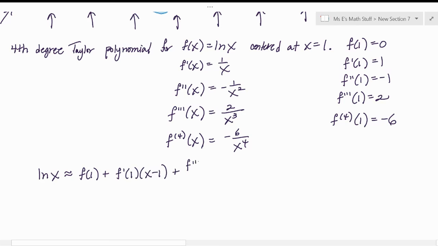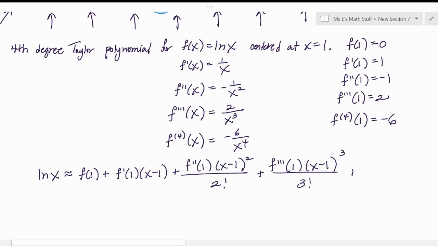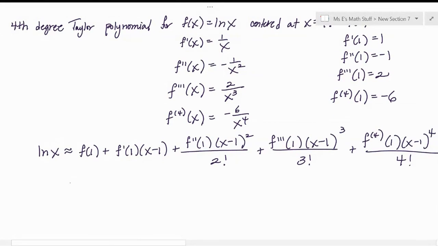Plus f double prime of 1 times x minus 1 squared over 2 factorial plus f triple prime of 1 times x minus 1 cubed over 3 factorial plus, and they just asked for the 4th degree, so we'll just go that far.